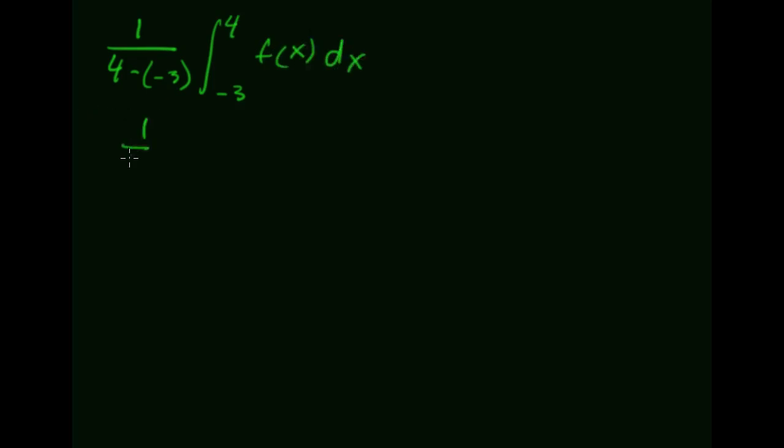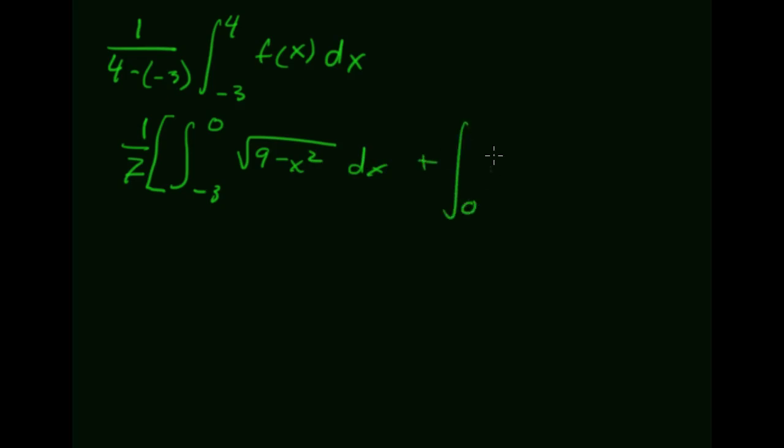So you have to break that apart. This is going to be a 7th times the integral from -3 to 0 of the square root of 9 minus x squared dx, and then from 0 to 4, the integral of -x plus 3 times cosine of pi x over 2 dx.